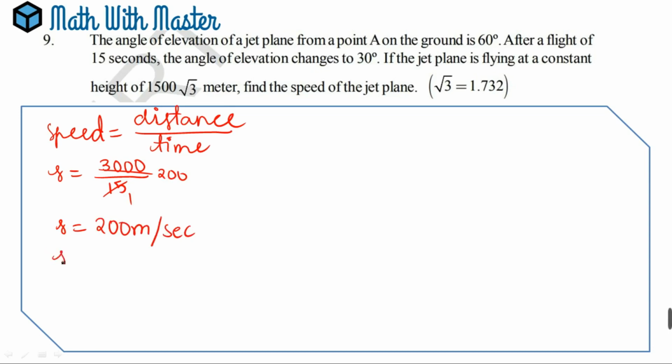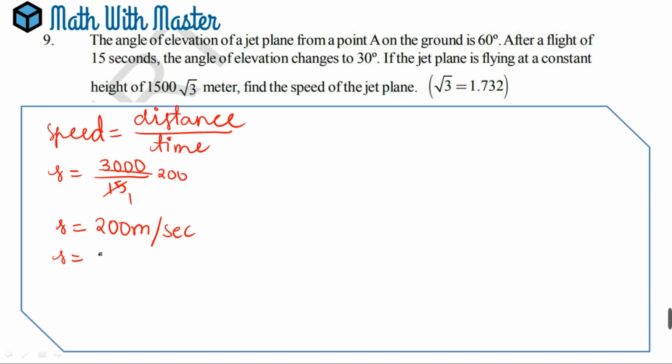Or now, we know that 60 seconds is equals to 1 minute, and 1 hour is equals to 60 minutes. So if we multiply 3600 with 200, we will get the speed in kilometer per hour.